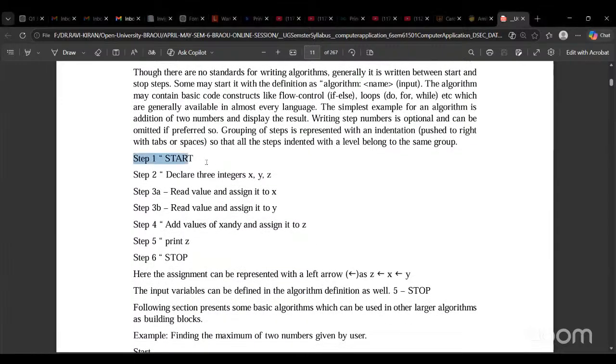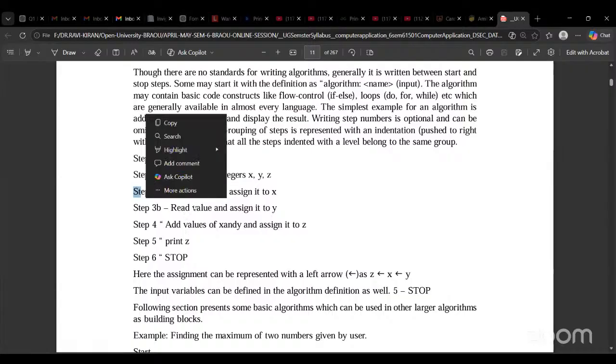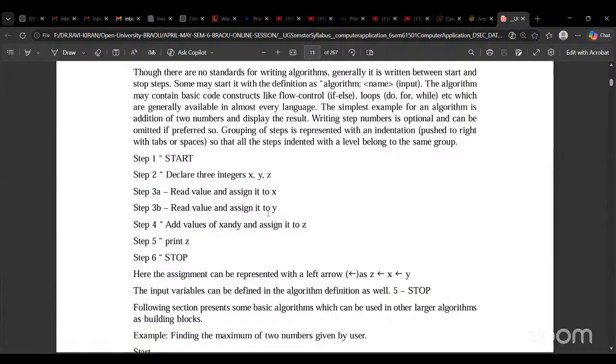Step one is start. Step two, declare three variables. Step three, read value and assign. Step 3b, read value and assign to it. Step 4, add values and step 5, display the value. Step 6, stop.